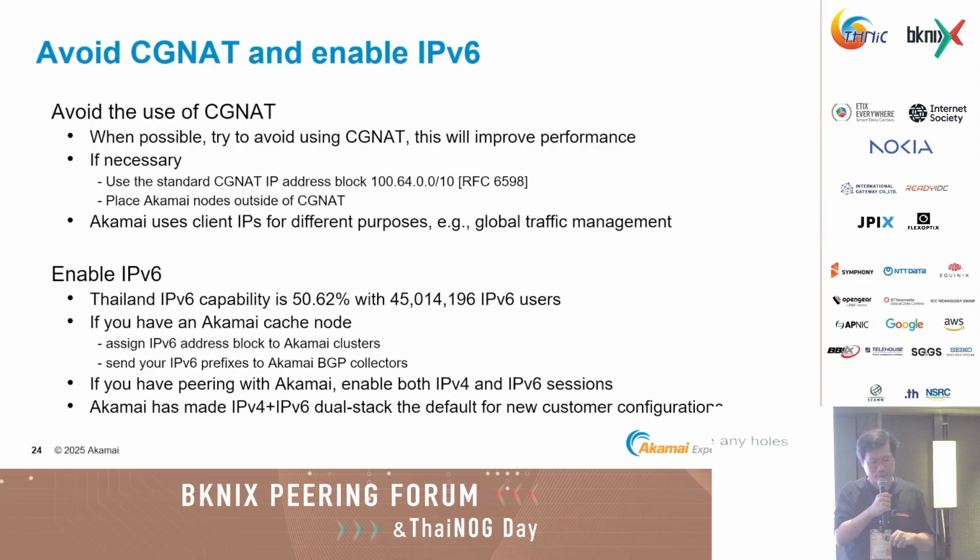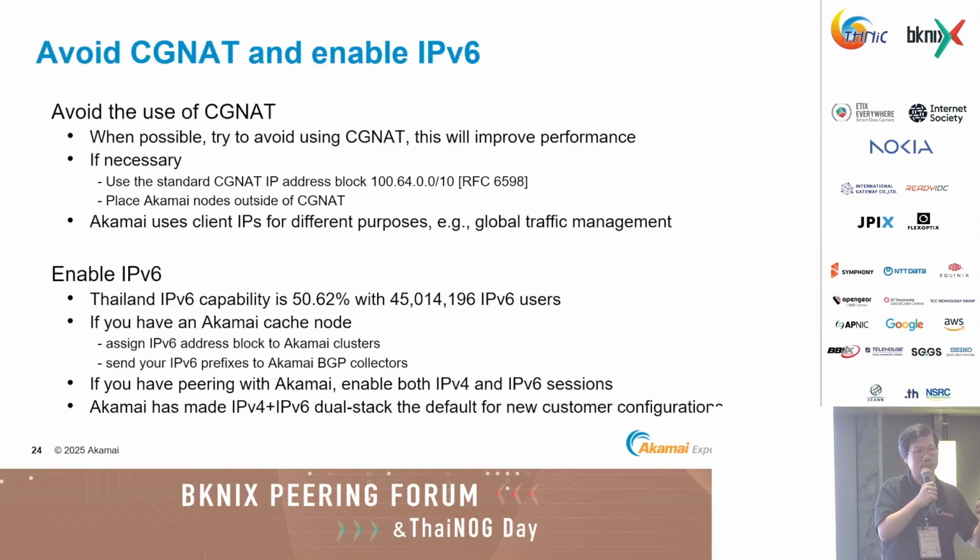Because our routers don't have the full internet route, I probably can't get a specific route from somewhere else. And I know we are lacking IPv4, so a lot of people are doing carrier grade NAT. But I would still suggest that you avoid it if possible. If not, then you can try to put our Akamai server outside of your carrier NAT, so we still see the external public IP address.